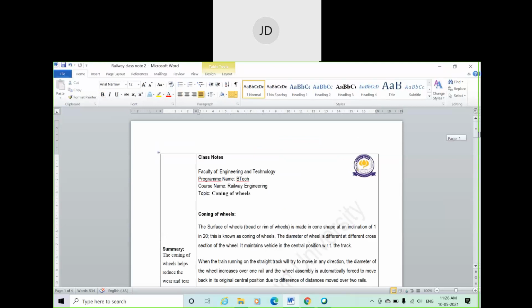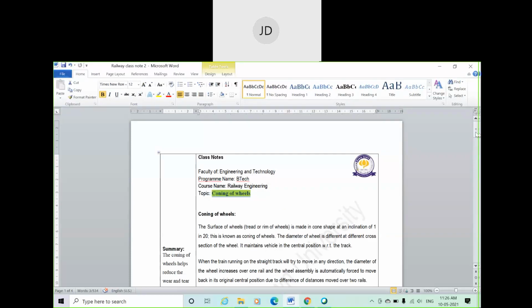My screen is visible. What is the name of the topic? That is coning of wheel. Okay, so basic definition. Why are we taking this topic today? Because this is a very important part of railway engineering.